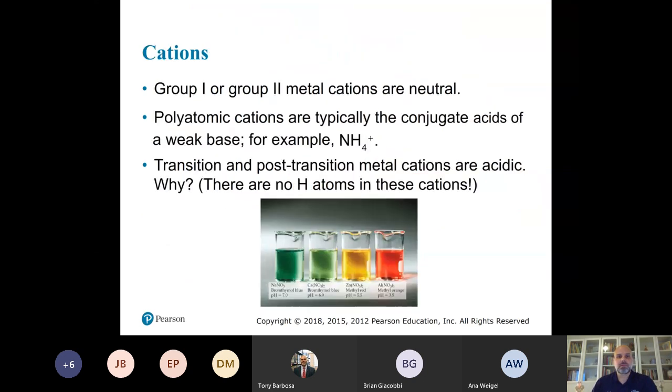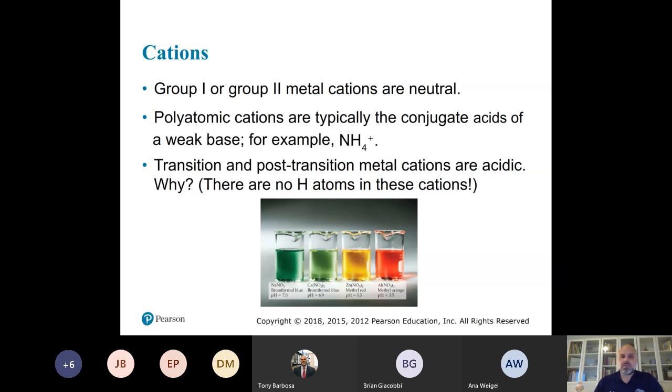All right, let's go through some examples of cations now. So if we look at cations, group 1 or group 2 metal cations are neutral, right? I'll show you a periodic table a little later when we go through some examples, but when we're talking group 1, group 2, lithium, sodium, potassium, calcium, magnesium, all the ions in group 1 and group 2 are going to be neutral overall.